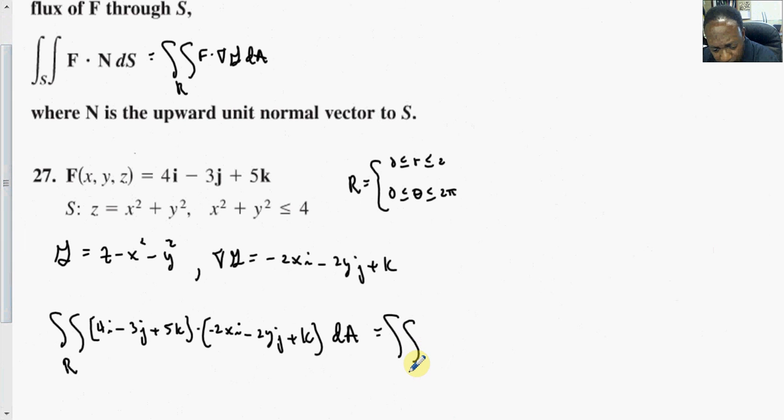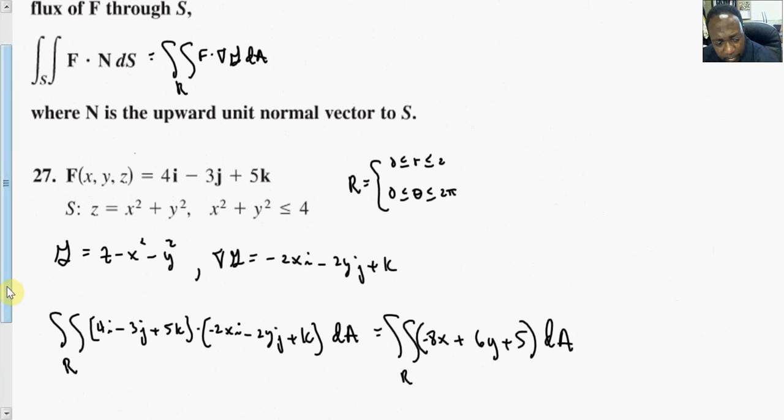So now let's do that dot product. It gives us negative 8x plus 6y plus 5. Guess we can go ahead and we'll leave that here.